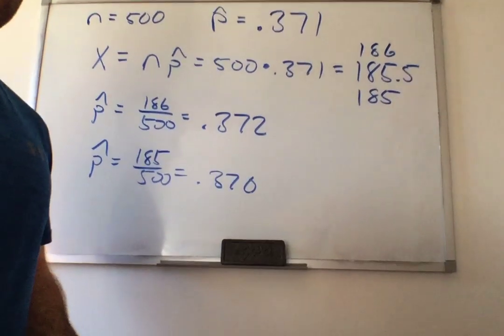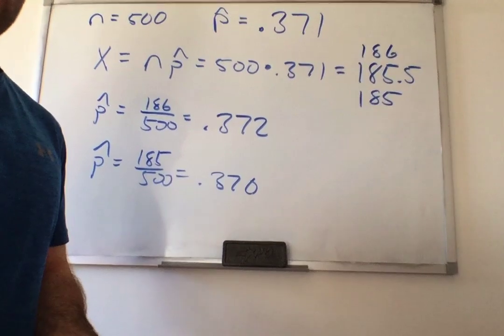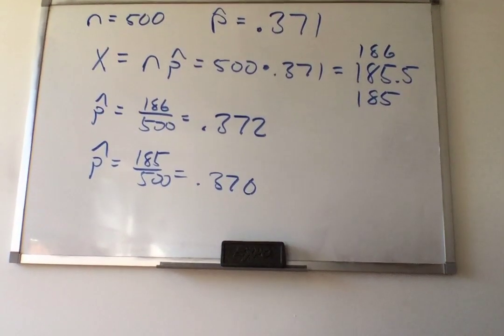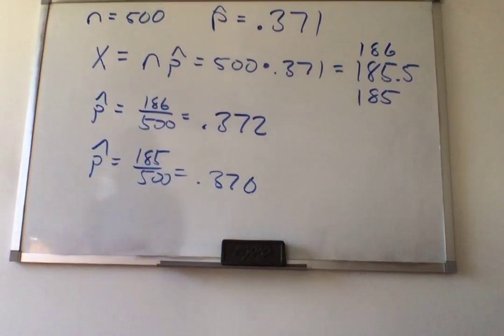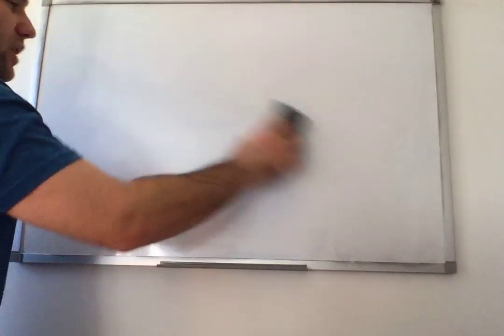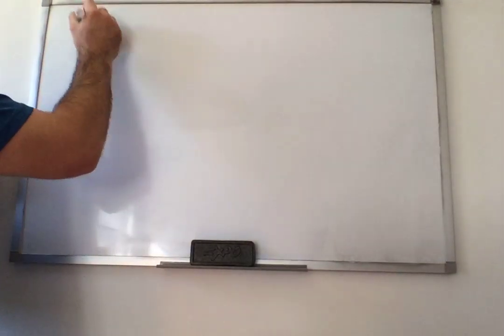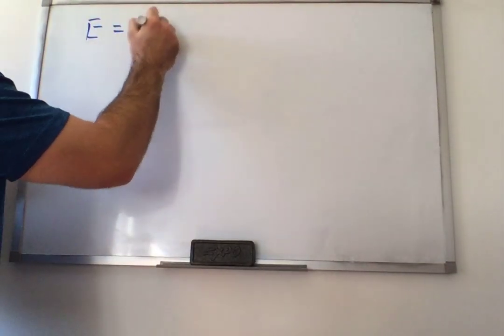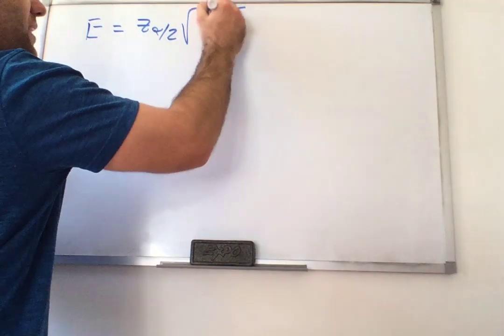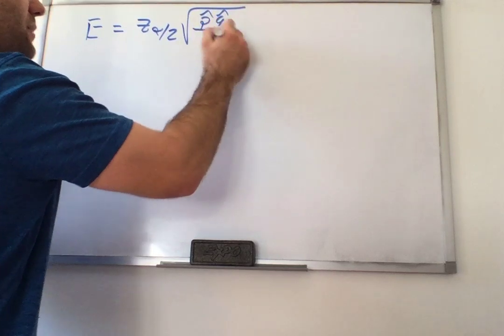Okay? Now let's go ahead and talk about how to find sample size. What we can do is very much what we did in 8.2 when we found sample size, is just take the error formula and work backwards for n. So error is equal to z alpha divided by 2 times the square root of p hat q hat divided by n.